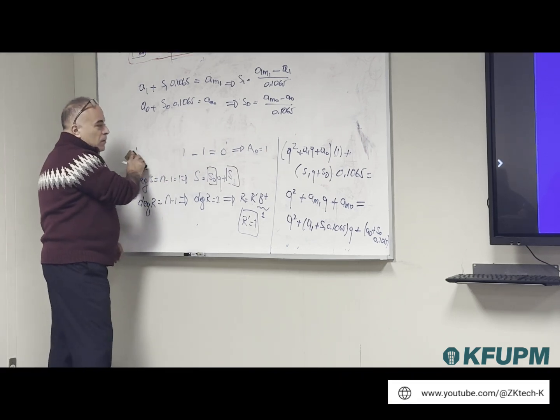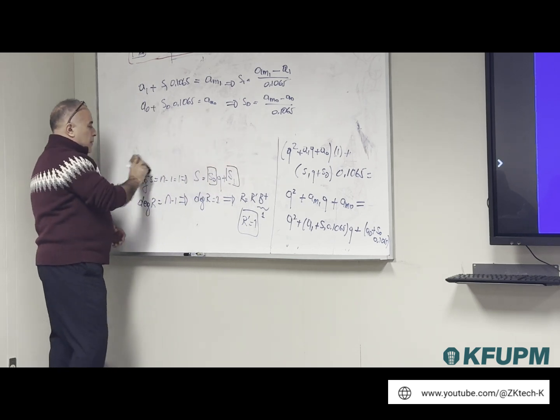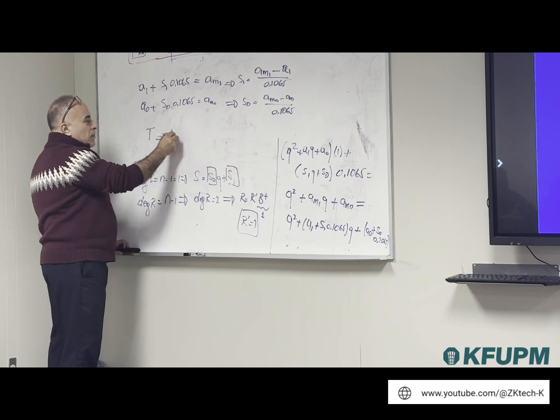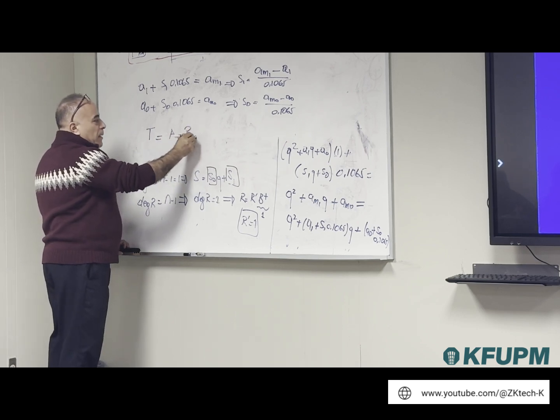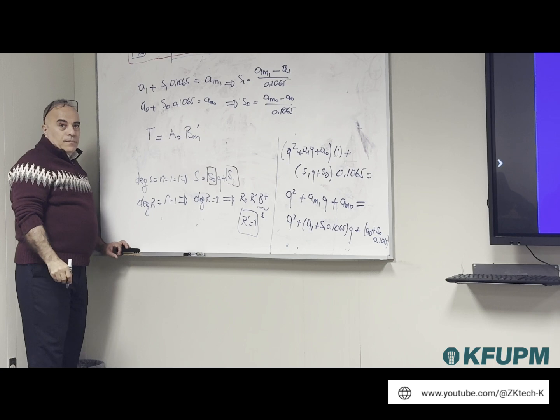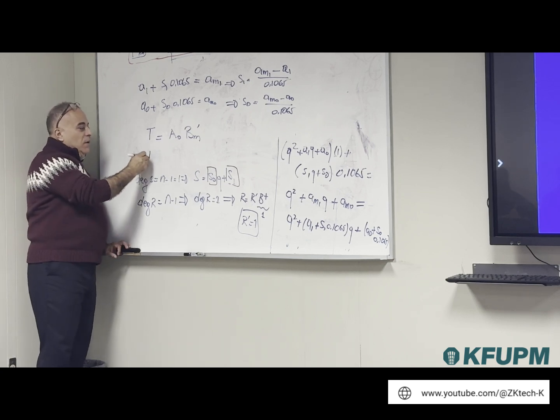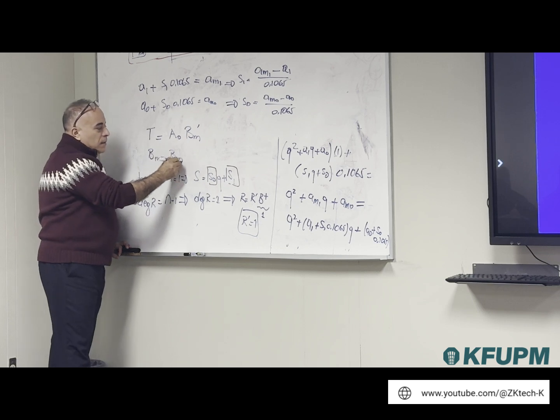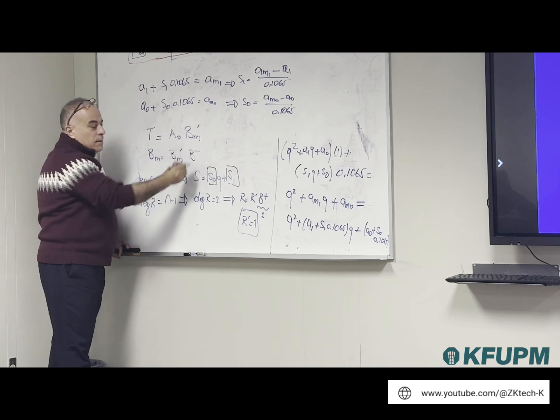So we are left with T. And T is equal to A0 multiplied by Bm prime. And the value of Bm is equal to Bm prime B minus.